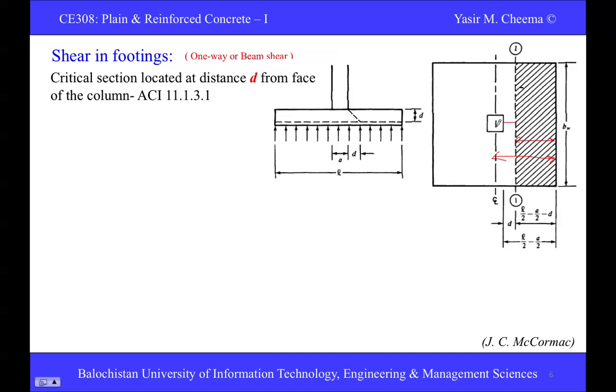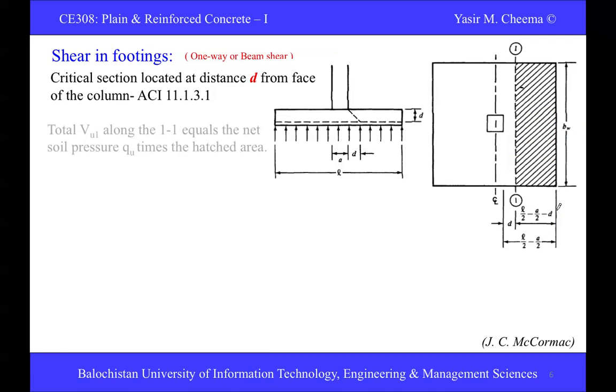If we subtract a by 2 from L by 2, we reach this distance: L by 2 minus a by 2. We know that in between it is D. So this remaining distance would be L by 2 minus a by 2 minus D, as described here.